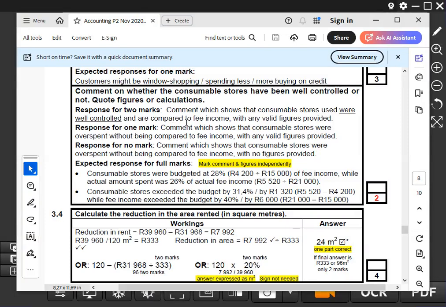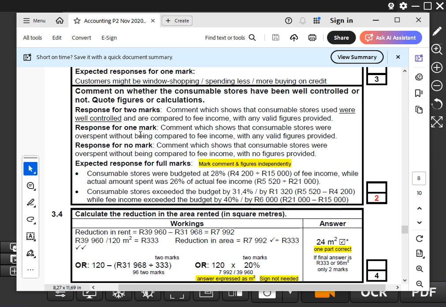Now look there. For 1 mark, a comment which shows that consumable stores were overspent without being compared to the fee income. So if you only comment that you spent more than you budgeted on consumable stores, you'll get no mark.